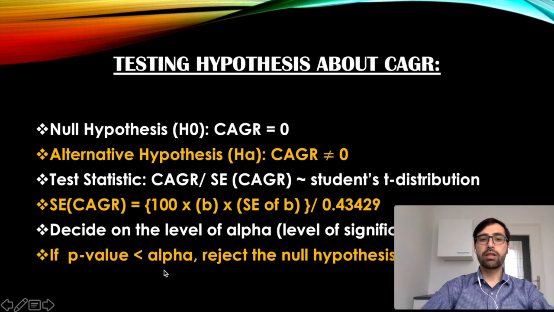If the p-value is less than alpha, then reject the null hypothesis. Otherwise, the null hypothesis cannot be rejected. It means that we would fail to reject the null hypothesis. The evidence will not be sufficient to prove or show that the compound average growth rate is 0, that is, there is no change in the time series.